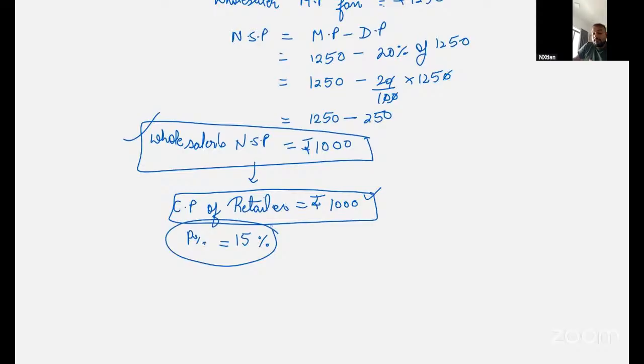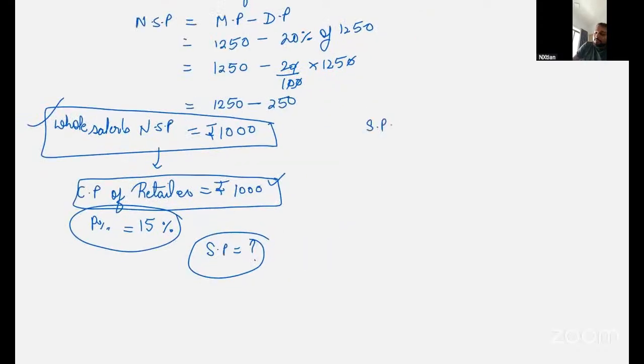Selling price. Can you tell me the formula for selling price, please? Selling price is equal to 100 into cost price upon 100 plus profit percentage, if I'm not wrong, please correct me. Is it correct? I'm asking about the formula.